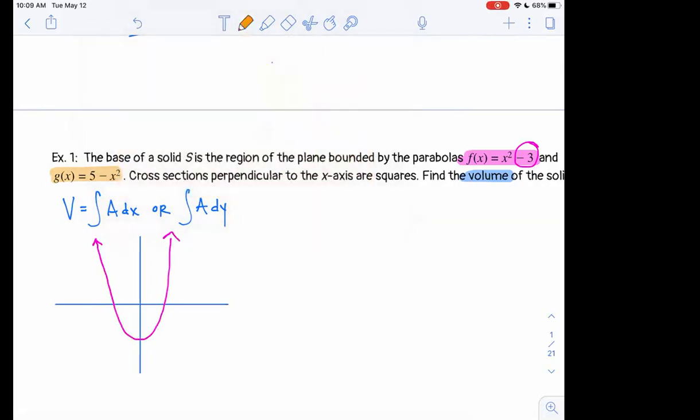Now, when we look at our g of x parabola, I know that it's a parabola, but I know that it's upside down because of the minus, and the vertex has been moved up 5 units. Okay. So the area that I'm looking at is the area between the orange parabola and the pink parabola, okay?